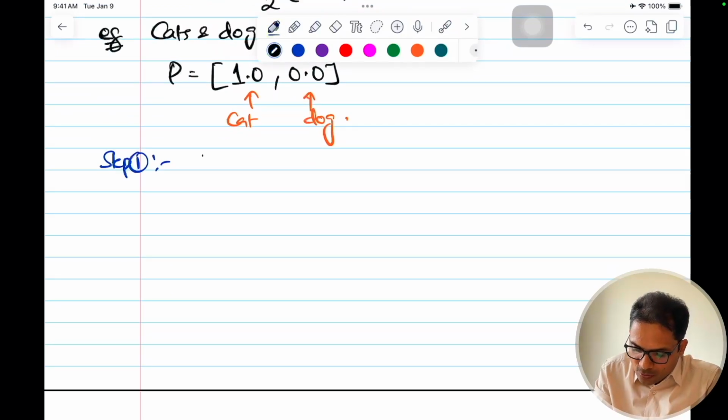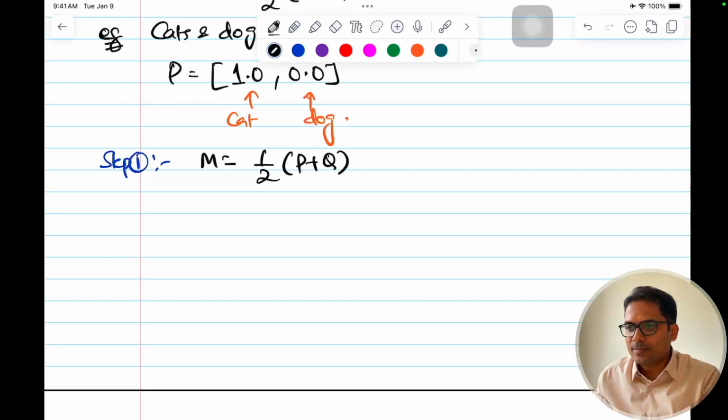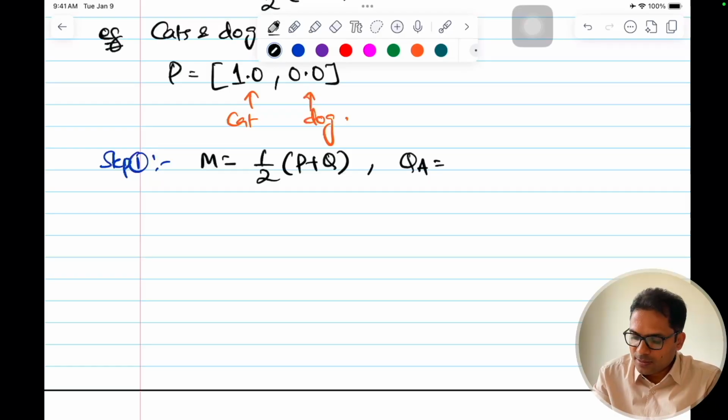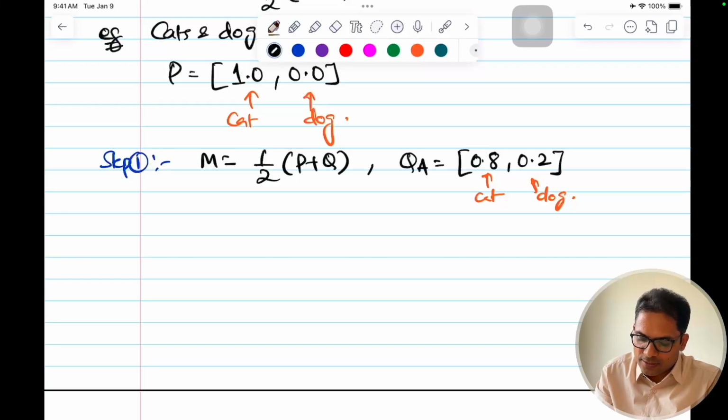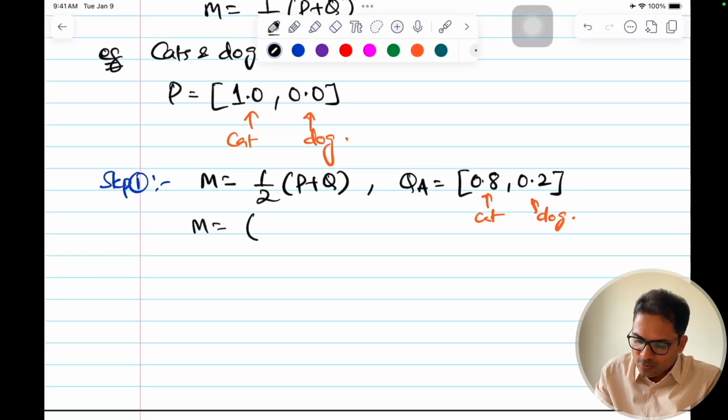M is equal to half of P plus Q. Let's define Q_A, the first model A, which says 0.8 probability cat and 0.2 dog. What will be the average of this? M will be equal to (1 plus 0.8)/2, comma, (0 plus 0.2)/2, since P was 1 and 0.